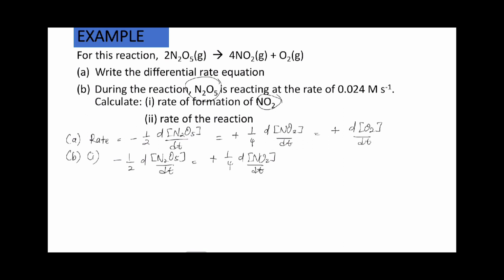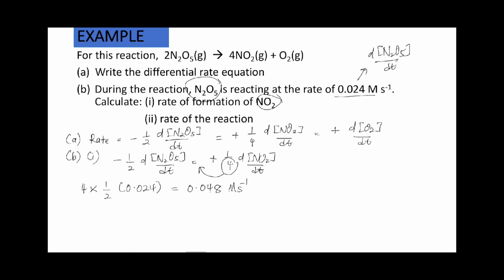Then, since 0.024 is given, meaning that 0.024 is the value of d N2O5 over dt, we can write 1 over 2 times 0.024, and this 4 here we can bring up, so it becomes times 4. 4 divided by 2 is 2, times 0.024, so we get 0.048 molar per second.